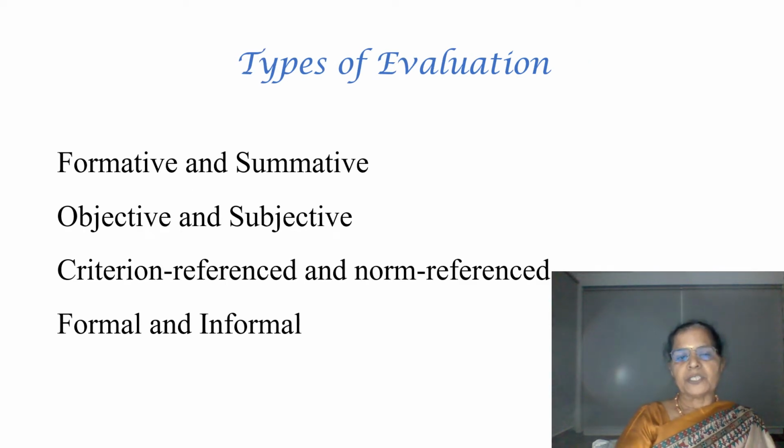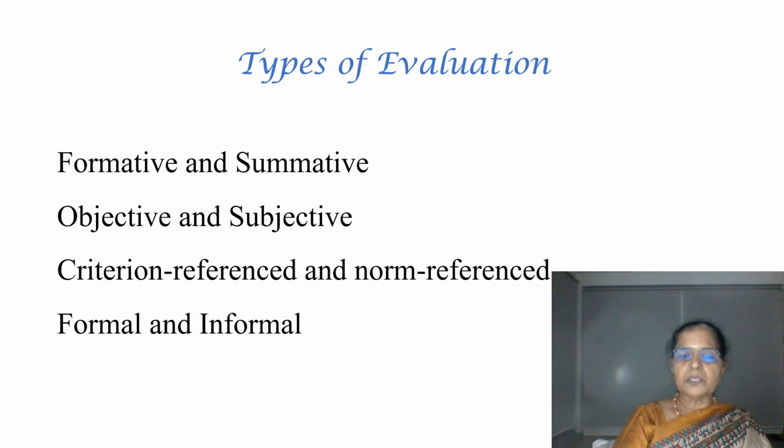Types of evaluation. In any educational setting, there are many types of evaluation possible, and some of them are discussed here. Formative versus summative evaluation, objective versus subjective evaluation, criterion referenced versus norm referenced evaluation, formal versus informal evaluation.